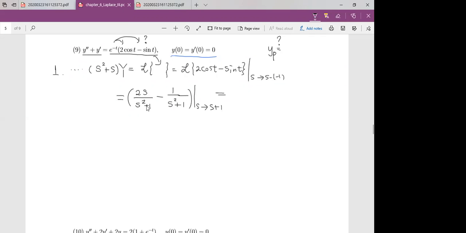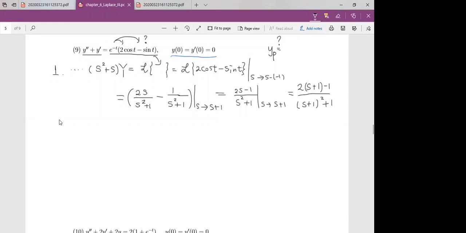On the other hand, you can put them together because you have common denominators. So 2s minus 1 over s squared plus 1, where we replace s by s plus 1. Very good. So 2 times s plus 1 minus 1 over s plus 1 squared plus 1. Quite complicated, but simple enough.